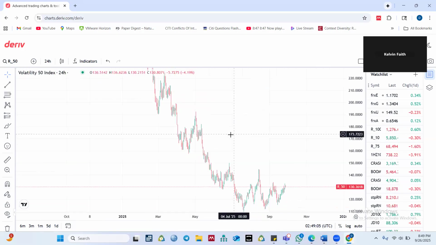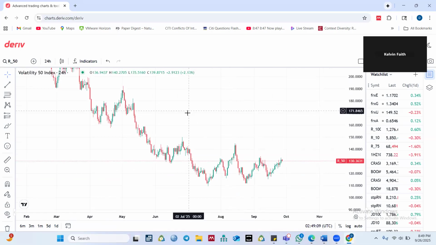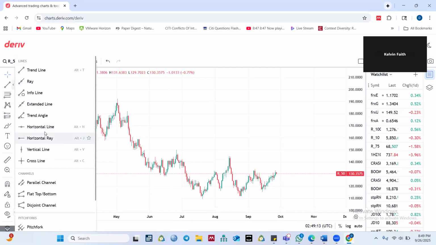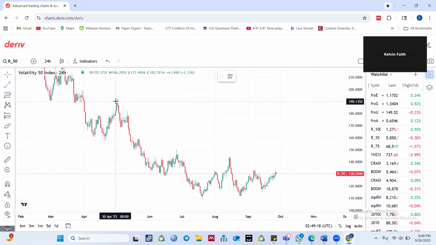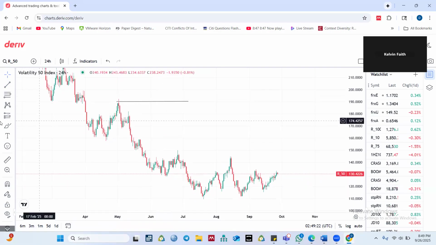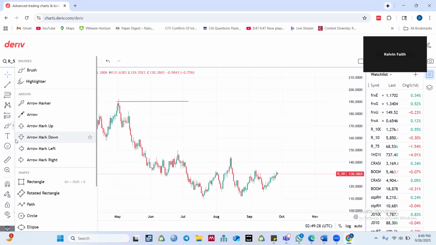So from what I see here, what is the last important high that has given us a break of structure to the downside? I can see this area as one high that has given a break of structure.